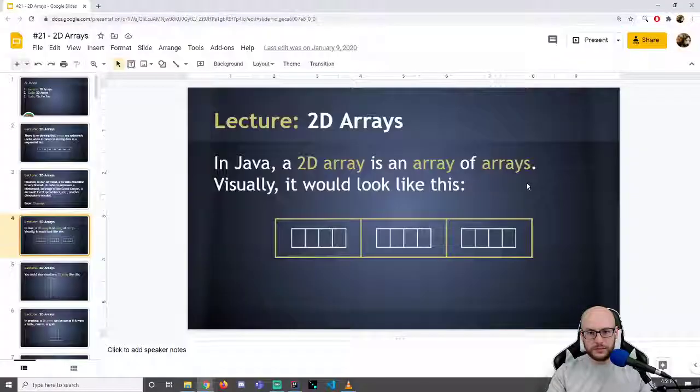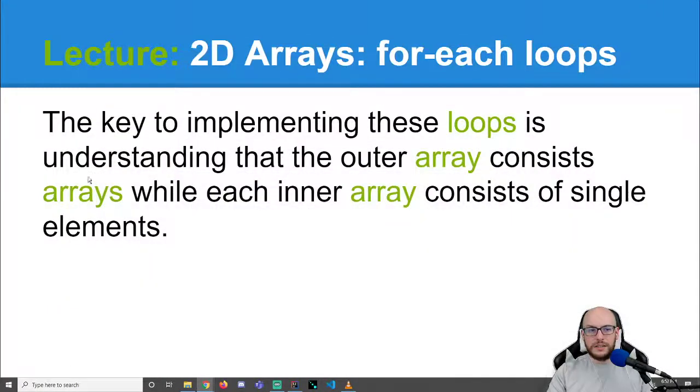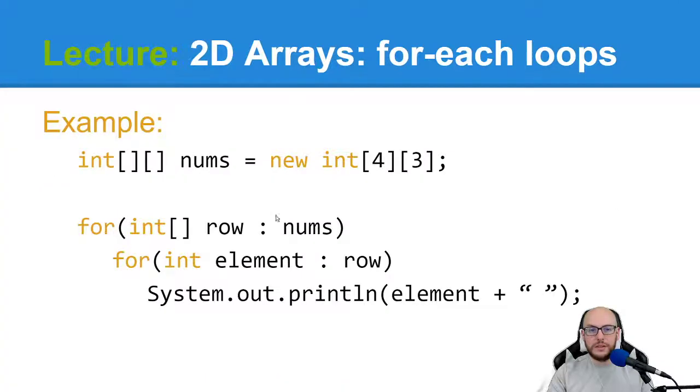Okay, so as it says here, the key to implementing these loops is understanding that the outer array consists of arrays, while each inner array consists of single elements. Here we go. We have nums. It is an int 2D array. This says for each integer array, which we will refer to as row, in nums.